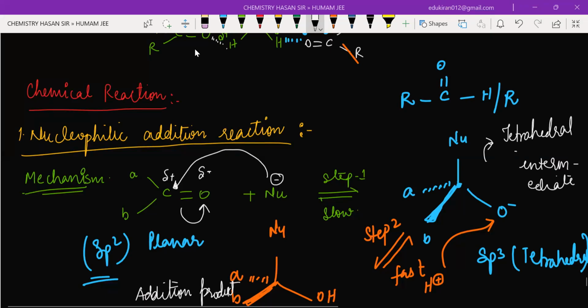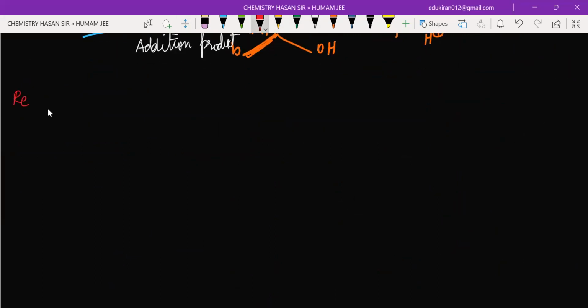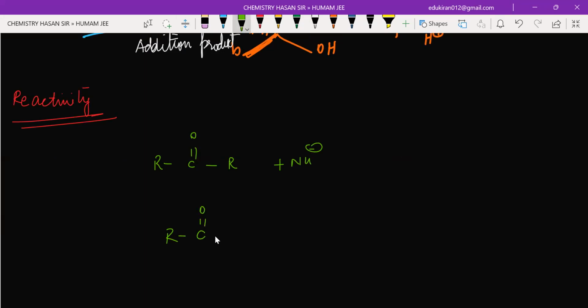Okay, so we are going to talk about the reactivity towards nucleophilic addition reactions. And it's very easy. If I'm going to ask you a very simple question, reactivity: let's say this is your ketone and you have a nucleophile, and let's say this is your aldehyde, and you have a nucleophile.